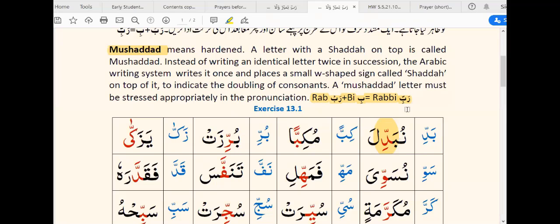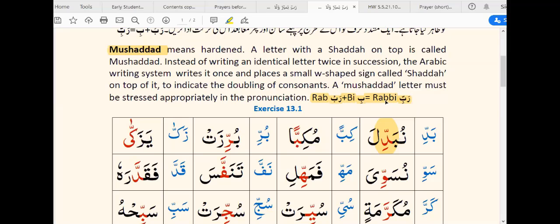And then we have letter Ba with a Kasra stroke, Bi. So there are 2 parts basically, Rab and then Bi. When we combine it, it's written in this form, Rabbi.